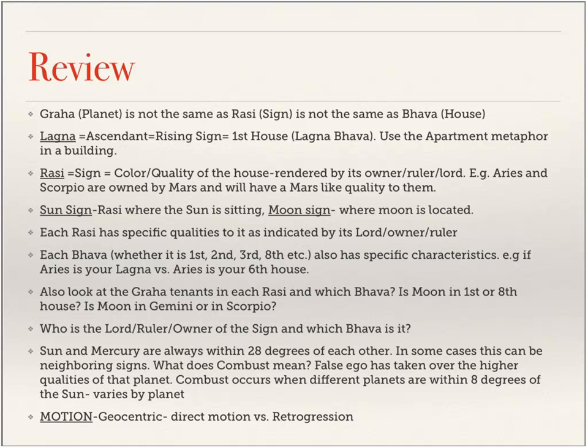So when you look at a graha, when you look at a house, if you will, each bhava, each house, and again, I'm going to get into this in this lecture here, it could be the first house, second house, third house, fourth house, etc. And they don't have to be in the natural order. So in the natural zodiac, you know that the first house is Aries, the second house is Taurus, the third house is Gemini.